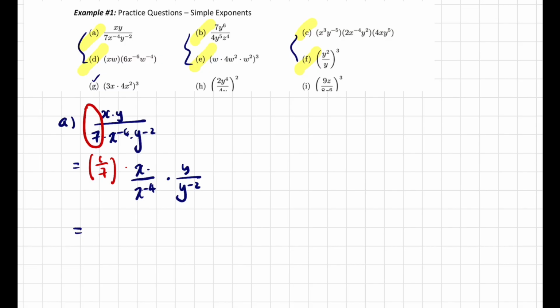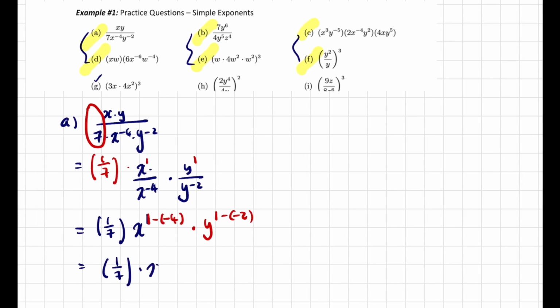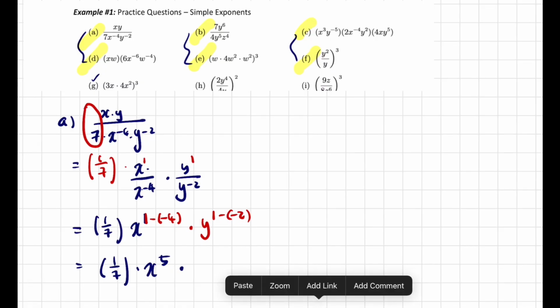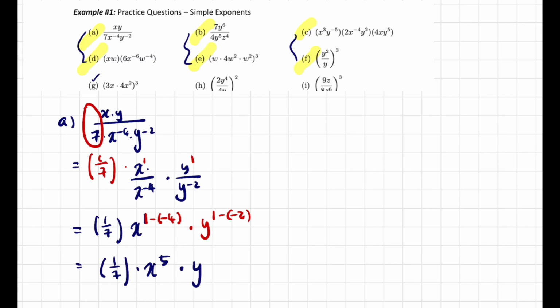And using the coefficient rule, I can say x to the power of 1, because 1 is hidden as an exponent for the x. Another one is hidden as an exponent for the y, right? So 1 minus negative 4, times y to the power of 1 minus negative 2. I can rewrite it like this, right? Then we have 1 over 7 times x to the power of 5 times y to the power of 3.